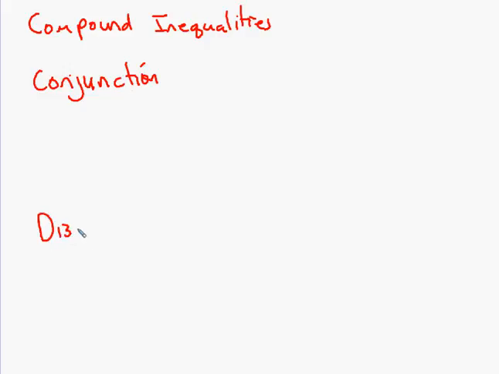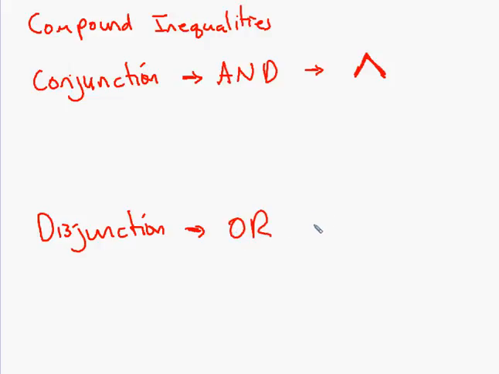A conjunction, our key word is going to be the word and, our symbol is like an upside down V. And in disjunction, our keyword is or, and our symbol is going to be a V. It means or.